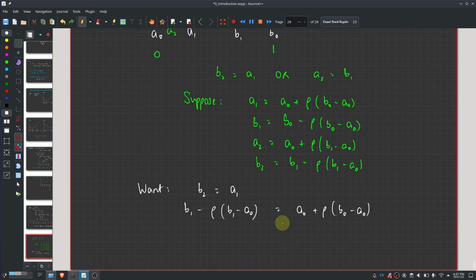Let us assume that B0 minus A0 is equal to 1, just so that our calculations become easier.